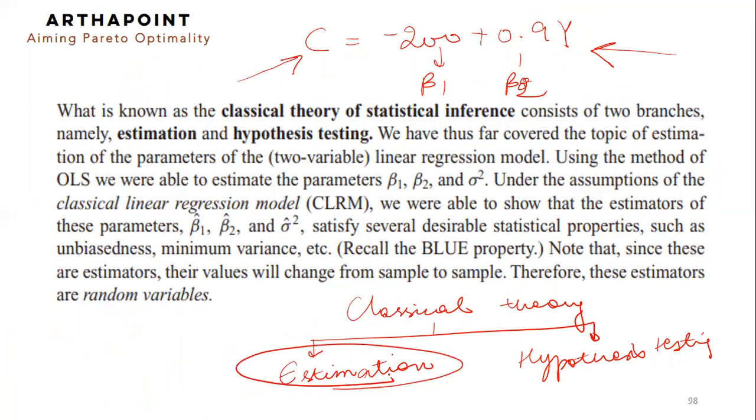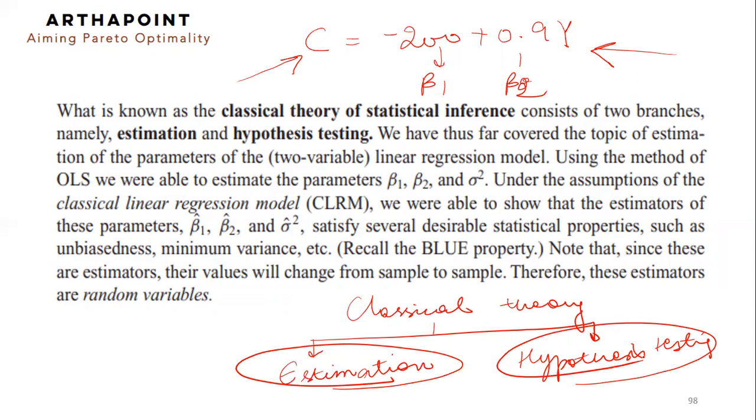One is estimation. That is something that we have been covering so far, where we have already understood how to calculate beta 1, how to calculate beta 2, how to calculate sigma square, etc. But I have to also understand the hypothesis testing part. We were also able to show that the estimators of the parameters were okay.